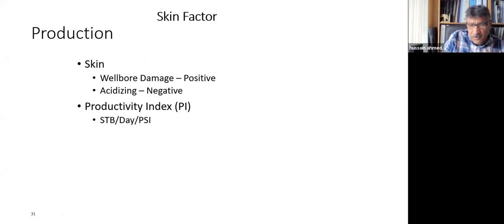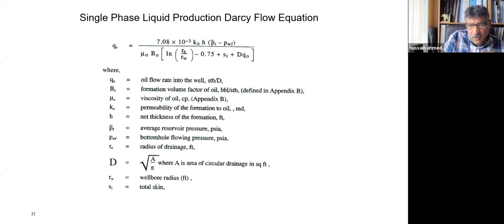So we will talk about the positive and negative skin productivity index as well, how to calculate them, and adding other factors such as the D factor, and the drainage area which we mentioned in the outline, the shape factor. You need to consider that.